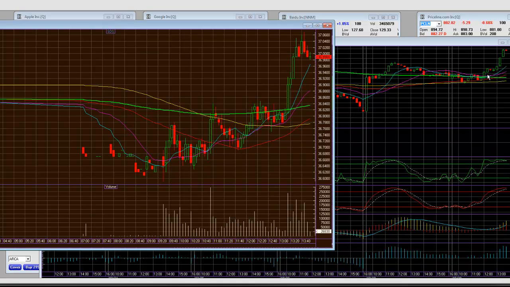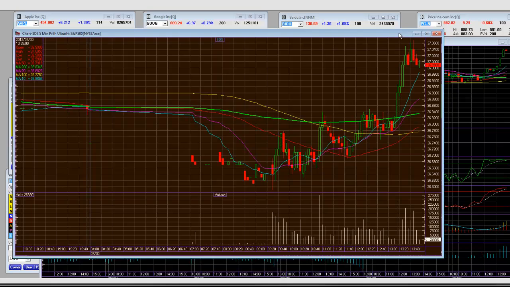But when we have this breakout handle here, MMT, you can clearly see how nice it is to trade the opposite side. In this case, when that is happening, you want to be long the intraday bear ETF.